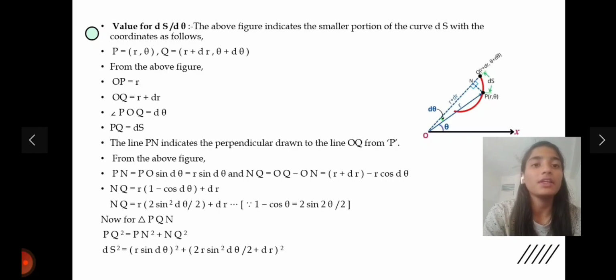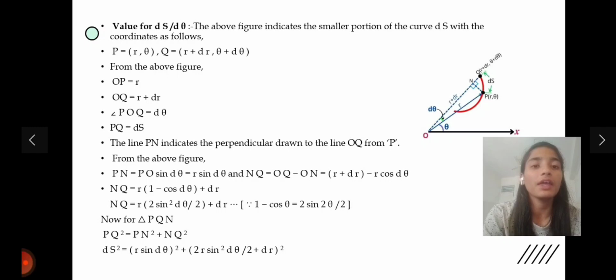The line PN indicates the perpendicular drawn to the line OQ from P. From the figure, PN is equal to OP sin d theta is equal to r sin d theta, and NQ is equal to OQ minus ON is equal to r plus dr minus r cos d theta. NQ is equal to r into 1 minus cos d theta plus dr. NQ is equal to r into 2 sin square d theta by 2 plus dr.